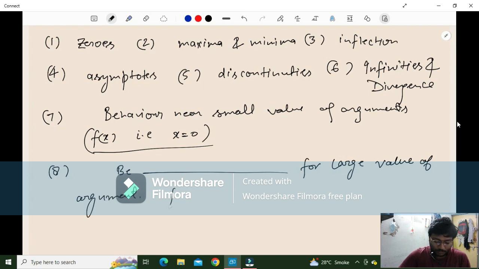So for example, if the function is f of x, then x tends to plus minus infinity. So you have to find the behavior of f of x as x tends to plus minus infinity. So these are the things which you should look for. Then you will be able to plot any graph.